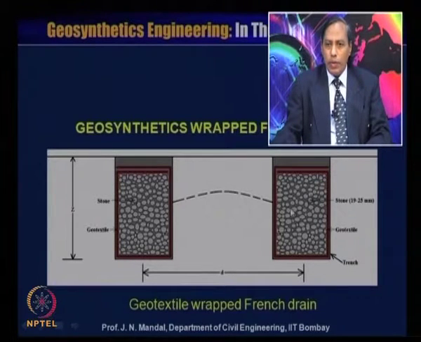This is another trench, and this is the geotextile, and the inside is stone or aggregate. This height is Z, and the distance between the two drains is small d. This is called the geotextile wrap trench drain.